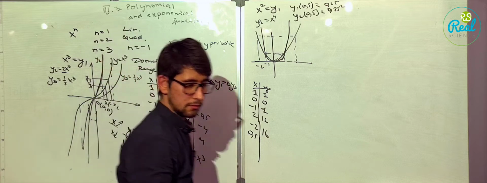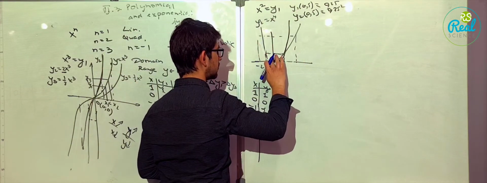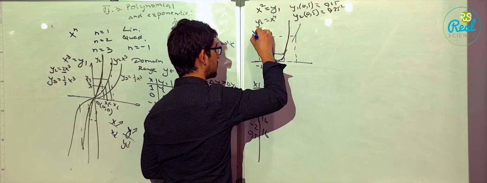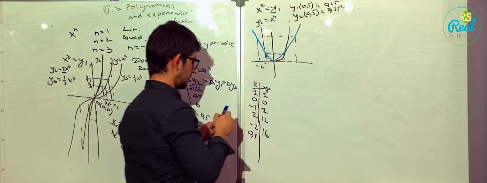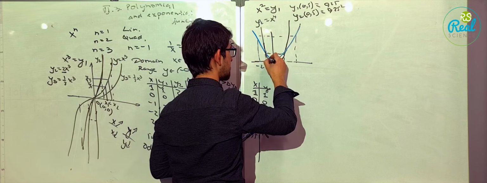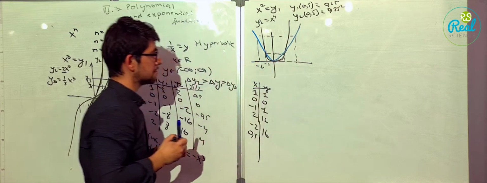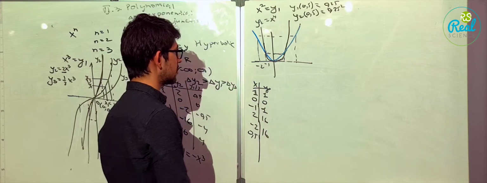So let me use other colors. Have you understood, students, how the graph of this function looks? Yes?